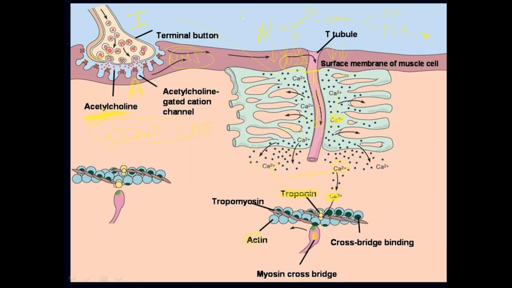The somatic nerve is called the motor neuron. Remember when we were talking about the afferent and the efferent? That is the somatic peripheral nervous system, everything that is skeletal muscle, the muscles that you can move as you want.